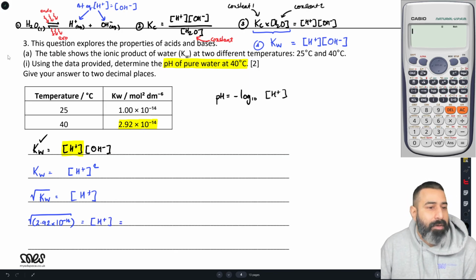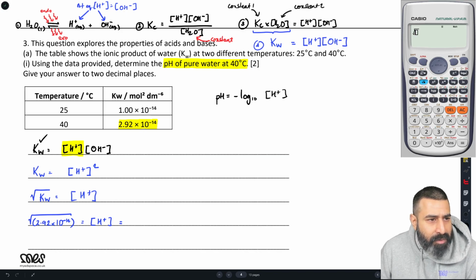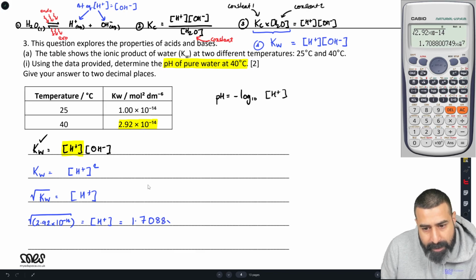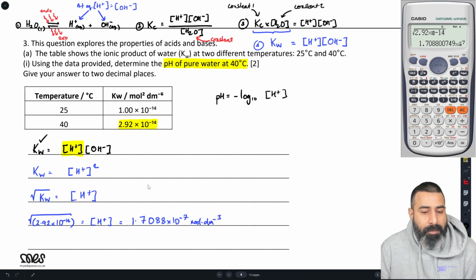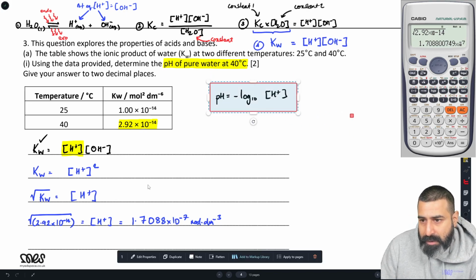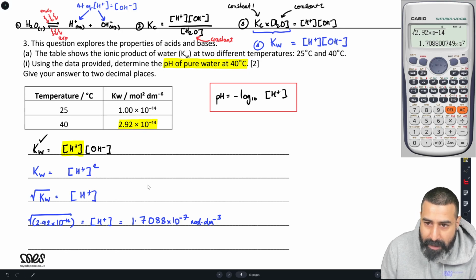So let's process that on our calculator. So square root of 2.92 times 10 to the minus 14. Okay, looks about right. So we get something around 1.7088 times 10 to the minus 7 mole per decimeter cubed. Okay, then what I need to do is use the pH equation and substitute that number in.